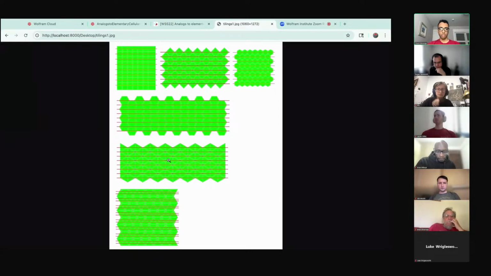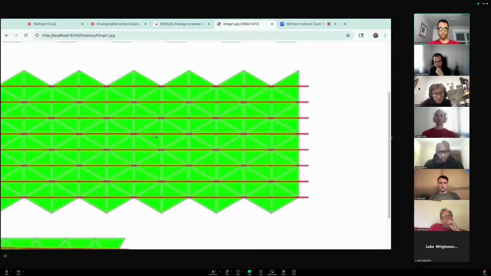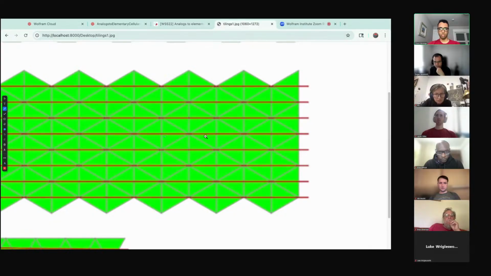If you have the triangles that are sort of like sideways rhombuses, a horizontal rhombus, then for this triangle you have this one, this one, this one, this one, and this one.